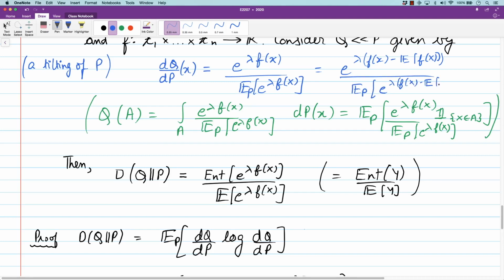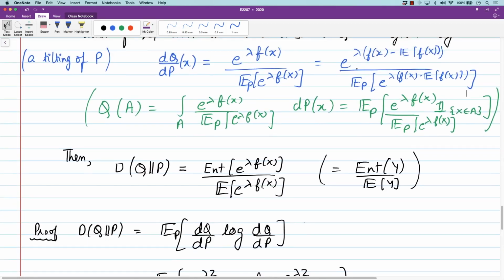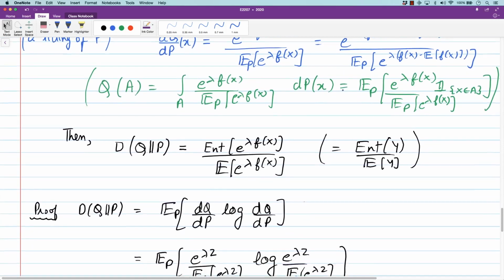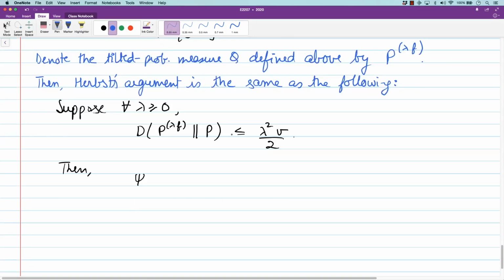So if you were worried about the centering, it's the same quantity because this cancels from the numerator and denominator. Just a constant which shows up in both of them. Okay, so then therefore Herbst's argument is the same as this bound. This is the assumption, and under this assumption what you get is that the log moment generating function of the centered random variable is less than or equal to lambda square v by 2. Okay, that's the very interesting thing here.